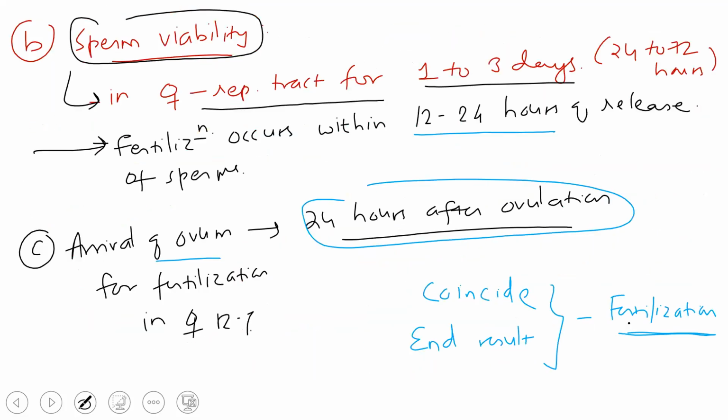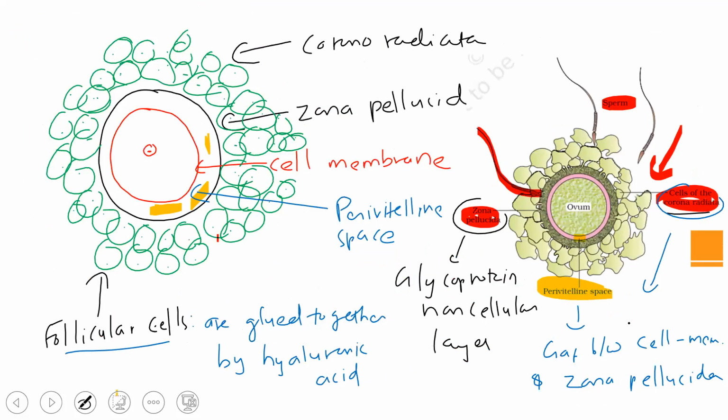I told you that the cells of the corona radiata are glued by hyaluronic acid. Hyaluronic acid is basically a polysaccharide.